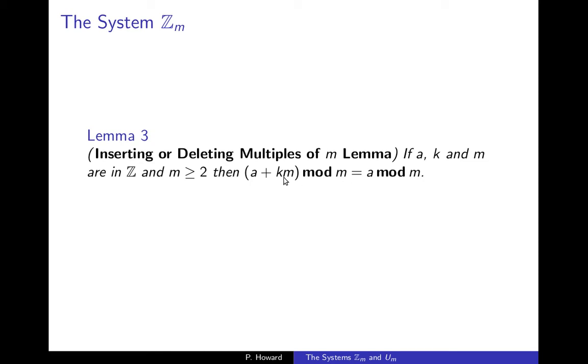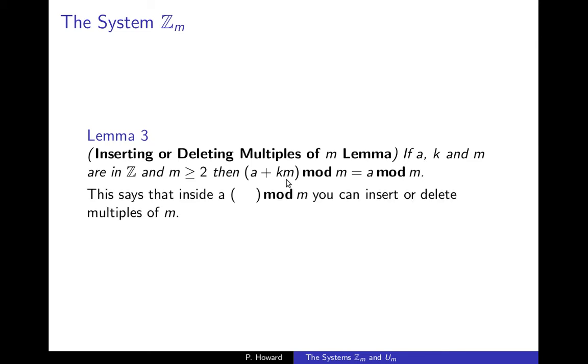In other words, if you have a multiple of m added inside a mod m, you can get rid of it. So this lemma really says that inside a mod m, you can insert, in other words add, or delete, in other words subtract, multiples of m, and you will not change the value of the expression.